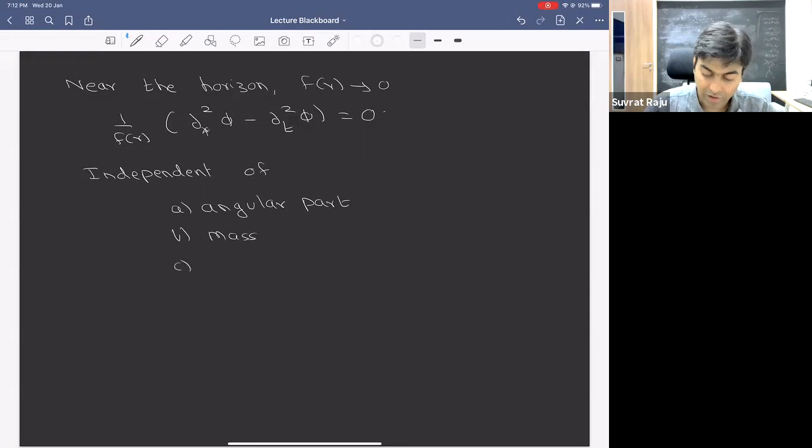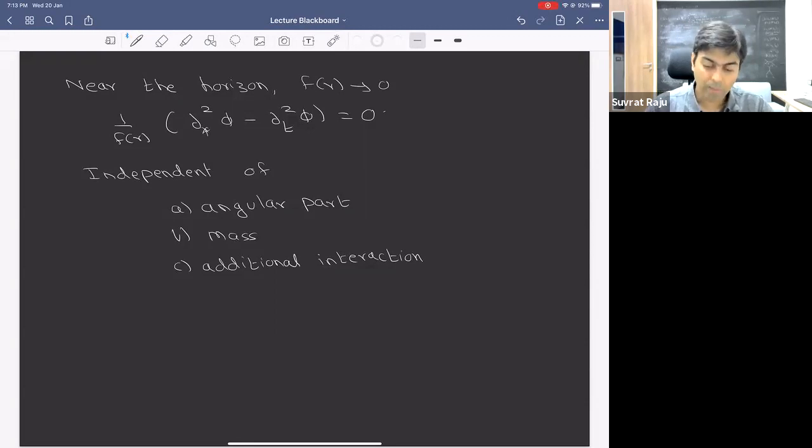And if the field had various interactions, if there was a phi to the 4 interaction or other kinds of interactions, we see that those interactions are also not important in this near horizon behavior in these coordinates. Okay. So near the horizon, near r goes to r_H, the wave equation takes a particular and very simple universal form. And so this is just some robust property of the wave equation near the horizon in these coordinates.